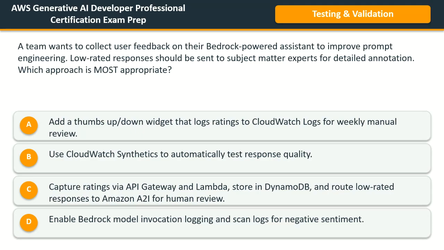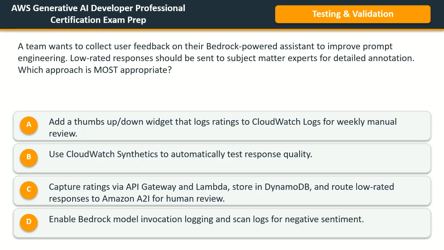Option B, use CloudWatch Synthetics to automatically test response quality. Option C, capture ratings via API Gateway and Lambda, store in DynamoDB, and route low-rated responses to Amazon A2I for human review. Option D, enable Bedrock model invocation logging and scan logs for negative sentiment.